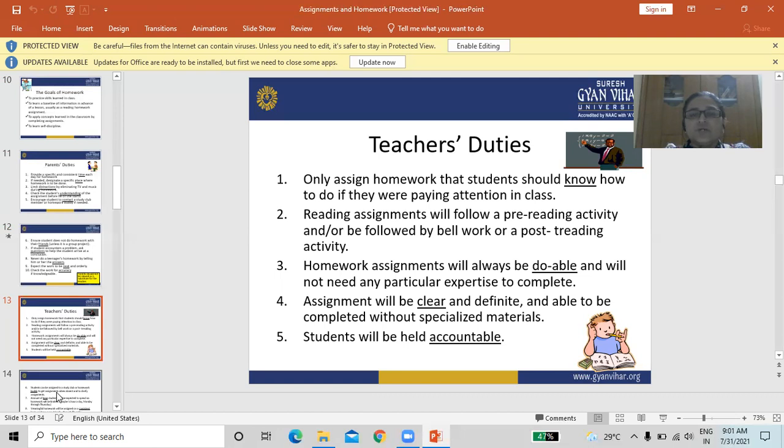Homework assignments will always be doable and will not need any particular expertise to complete.